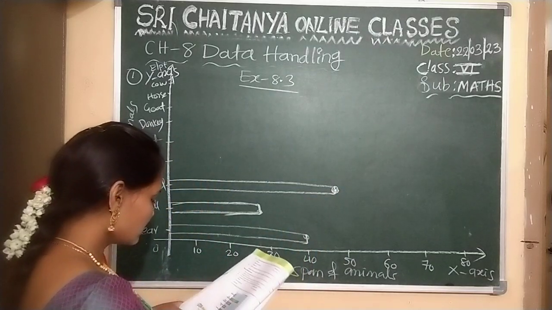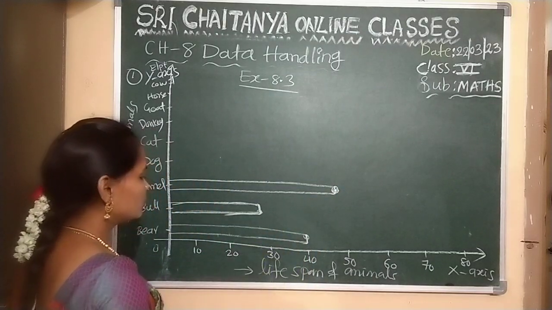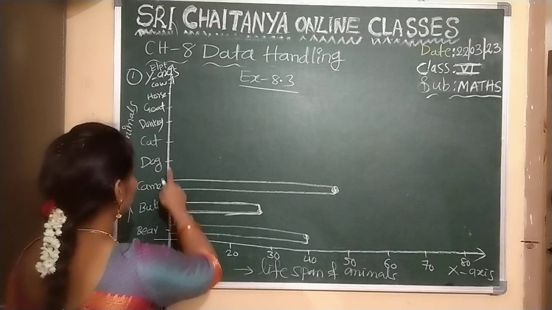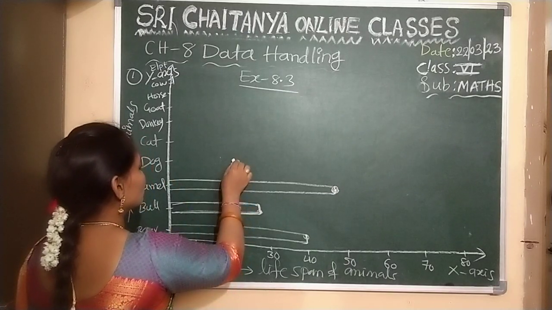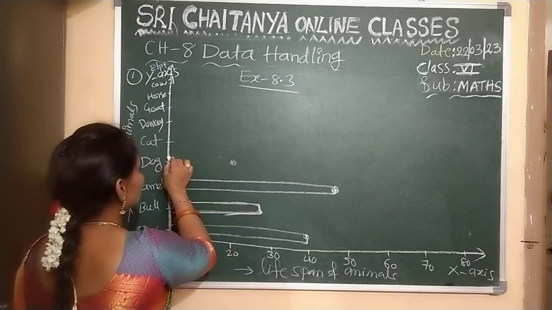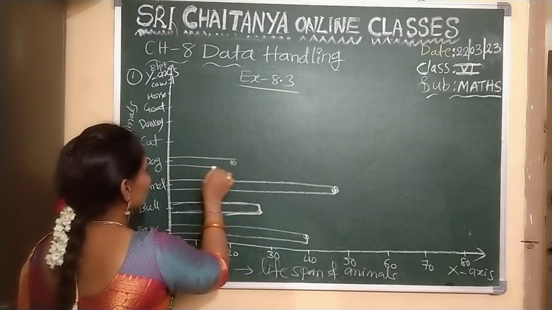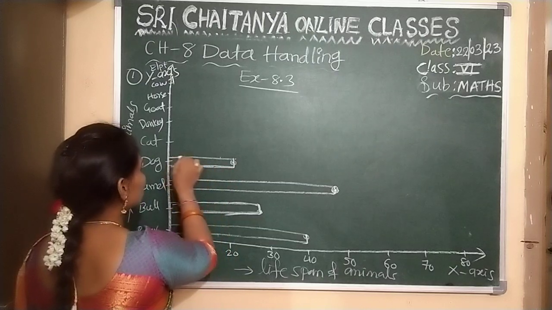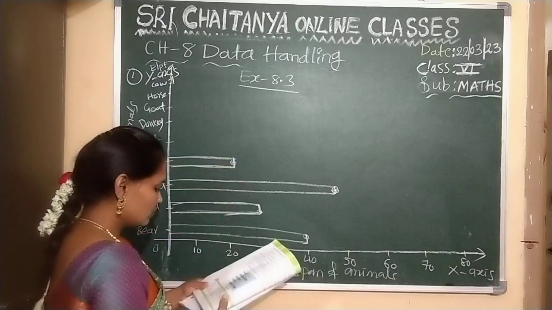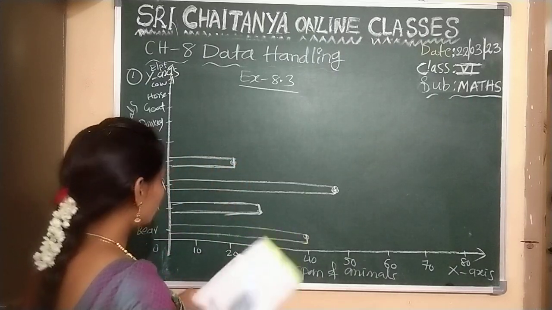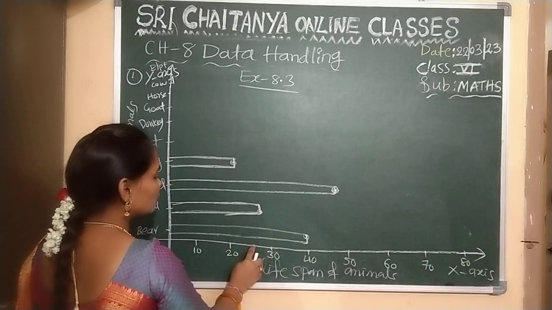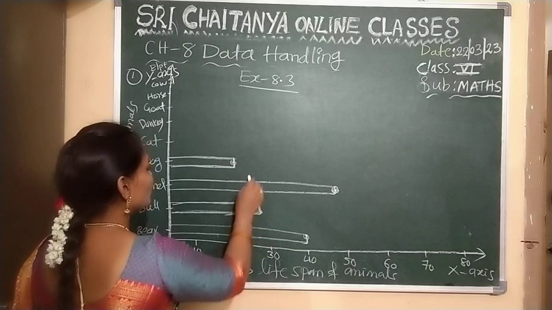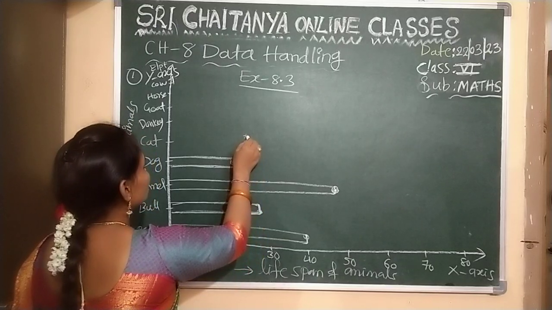Next is dog, 22 years. Just a little bit beyond 20 you can take. This is 22 years. Next is cat, 25 years. Between 20 and 30 is 25, no? So from here cat 25.